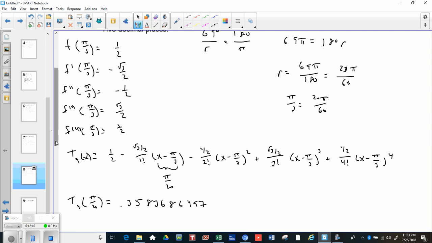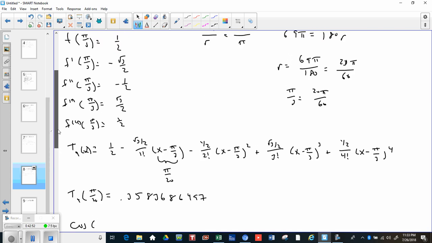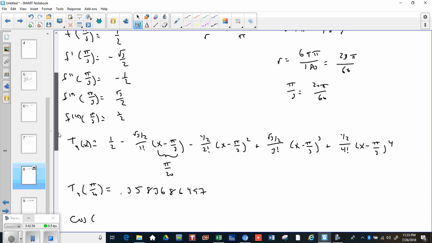And if we want to check that this is actually within 5 decimal places, you would just simply type in cosine of 69 degrees. You can do that in degrees, or you can type in cosine of, what did we say 69 degrees was? 23 pi over 60.